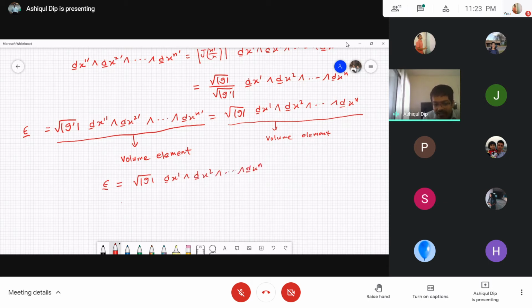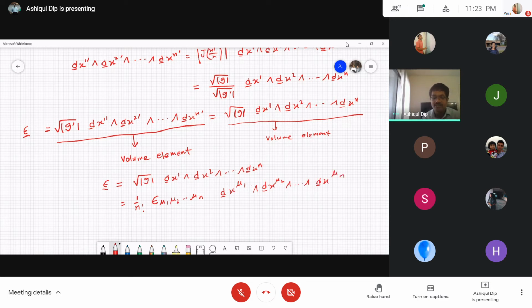I want to write it as 1 over n factorial times the component of epsilon, let's write epsilon mu1 mu2 up to mu n, then dx mu1 wedge dx mu2 wedge up to wedge dx mu n.